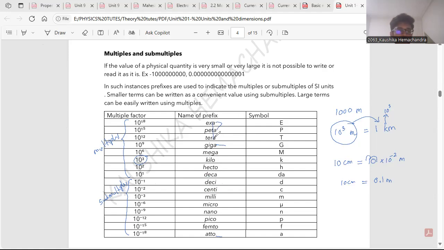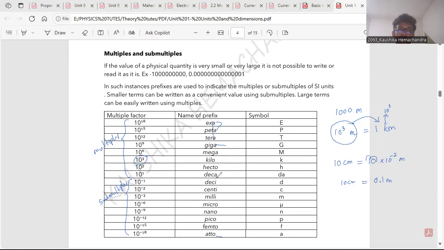Tera is 10 to the power 12, T. Giga 10 to the power 9, mega 10 to the power 6, kilo 10 to the power 3, hecto is 10 to the power 2, which is not that much used. Deca 10 to the power 1, deca means 10.